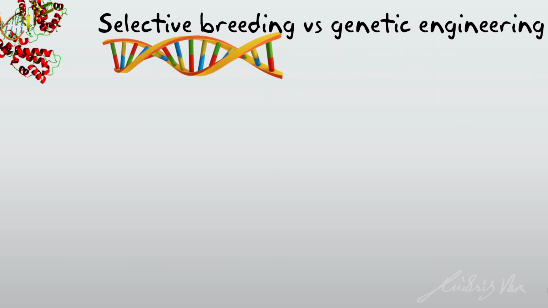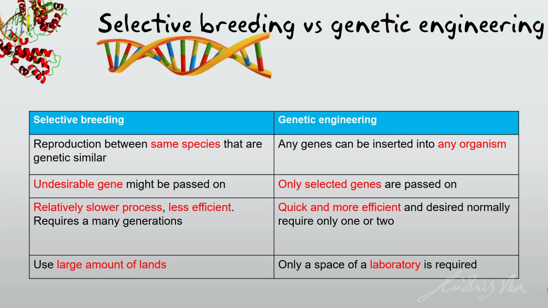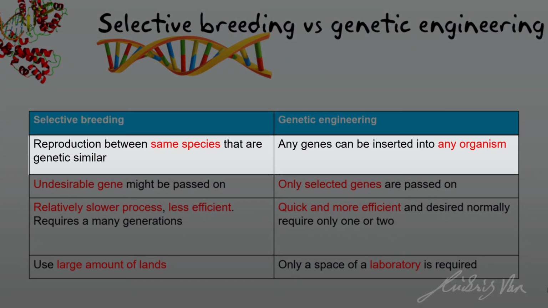Lastly, let's compare the difference between selective breeding, which we learned in the previous chapter, and genetic engineering, because some of you might get confused, since both of them result in offspring that are better. So let's look at selective breeding and genetic engineering and compare them. For selective breeding, we need to pair up organisms of the same species so that they can reproduce, then we can select from the offspring the quality which we want.